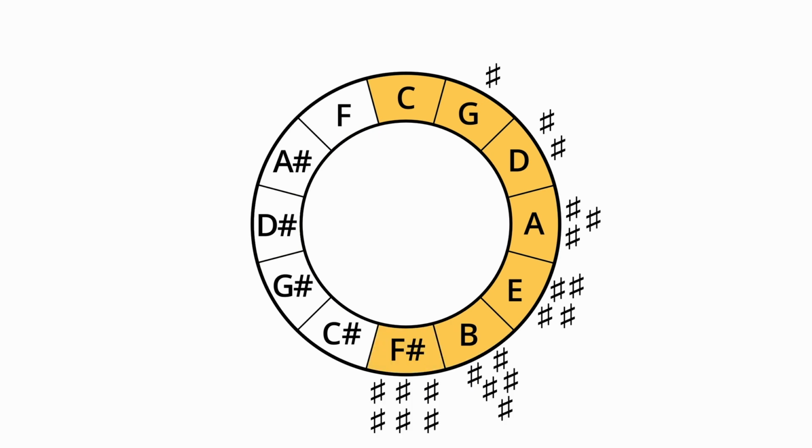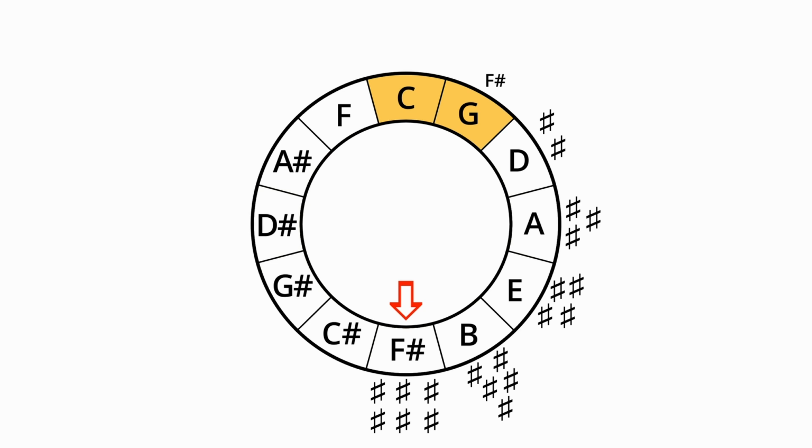But how do we know where to put the sharps in each key? That's easy as well. We simply add the sharps in the same order they appear in our clockwise circle. The first sharp note we come across is F sharp. So that's the sharp note we need in the key of G major.